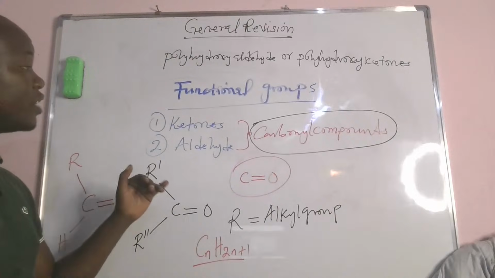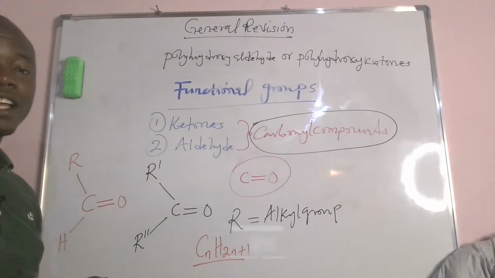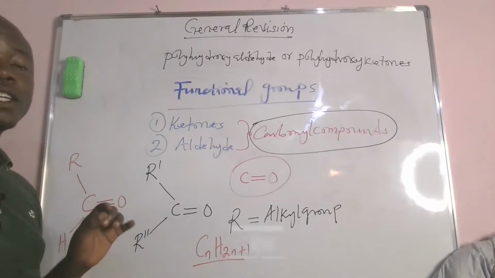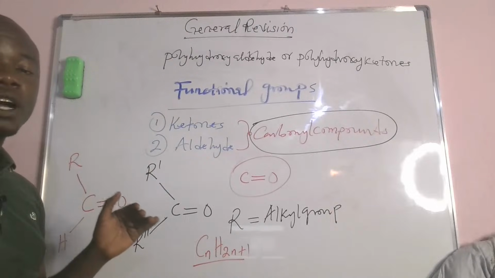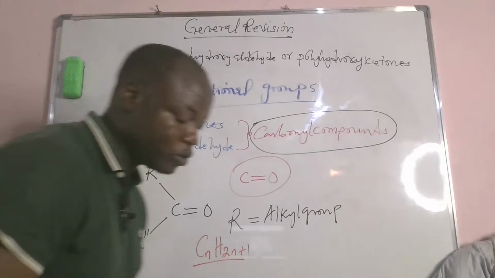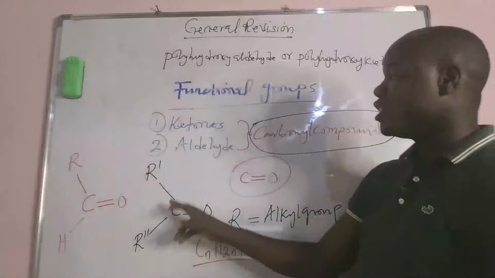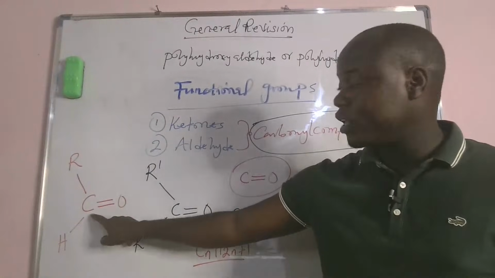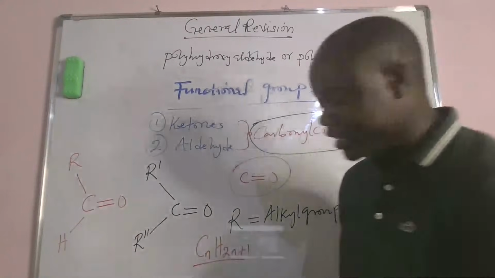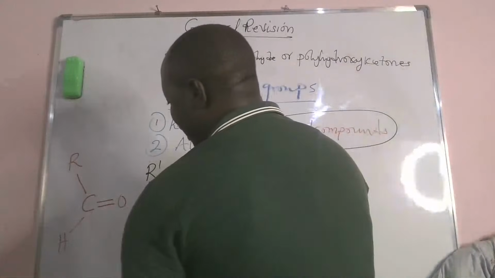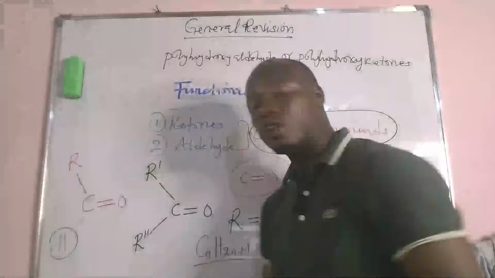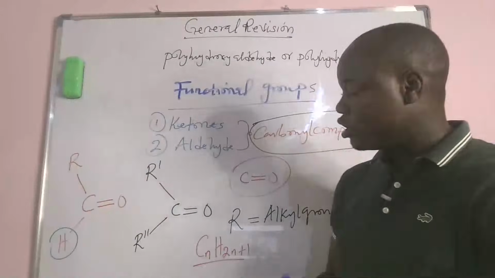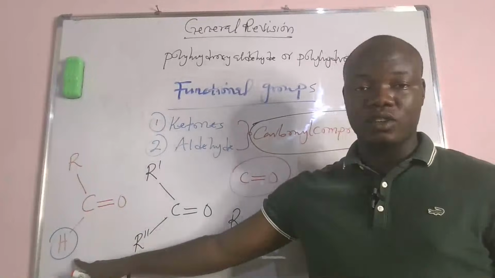So the next thing after the difference between ketones and aldehydes is what are the different types of carbohydrates? Okay, so I will come again. You see, in the case of aldehydes, this is a carbonyl carbon, and the carbonyl carbon is attached with one free hydrogen atom.